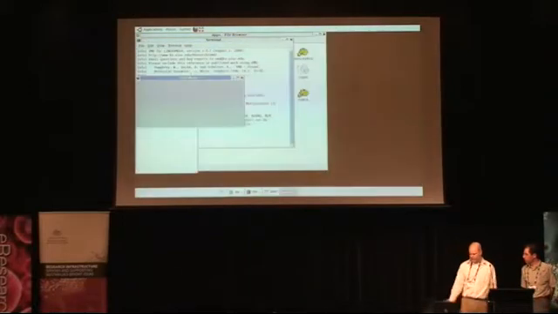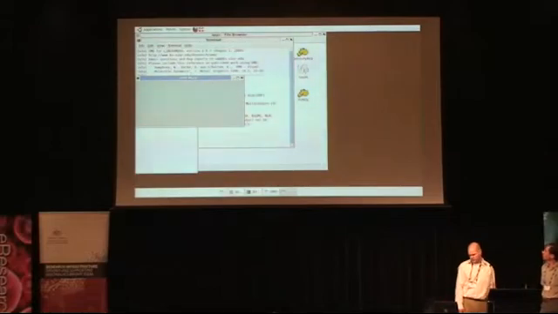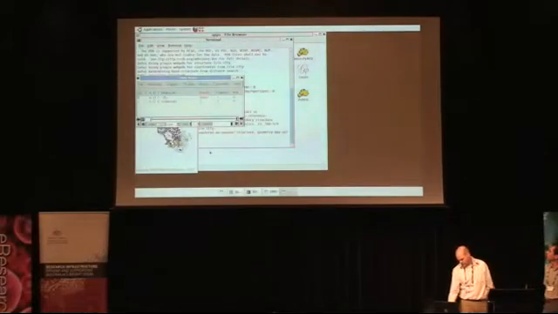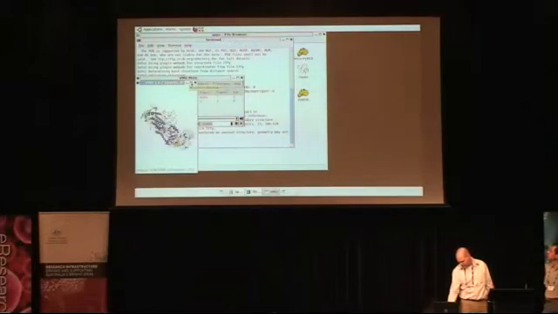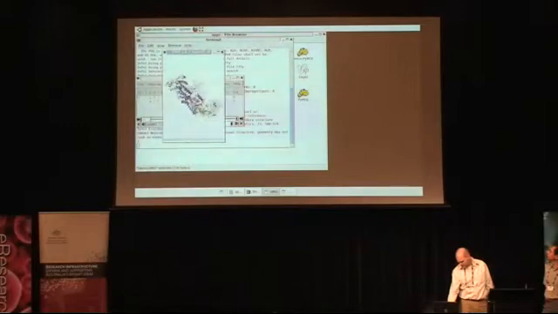Yeah, that's right. So we have a range of applications installed on the system here. There's something else showing the responsiveness of it.